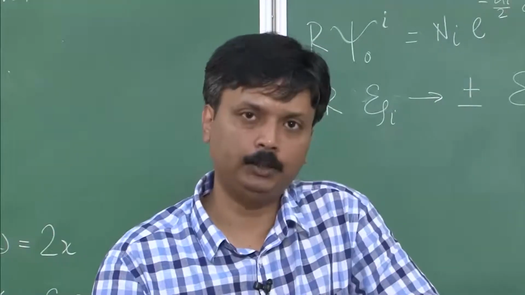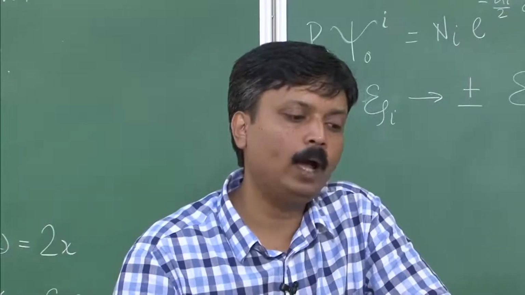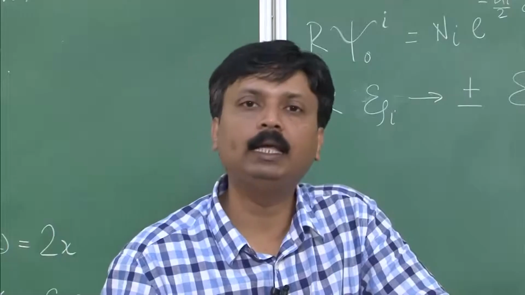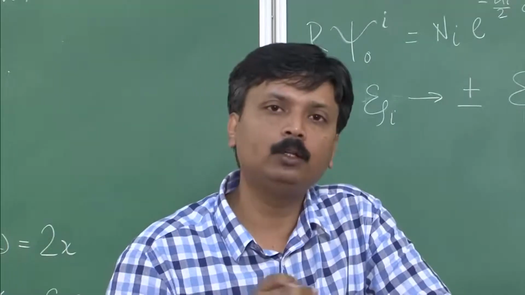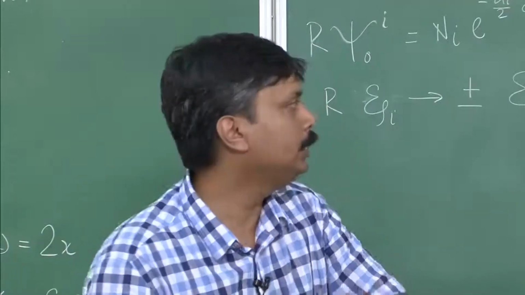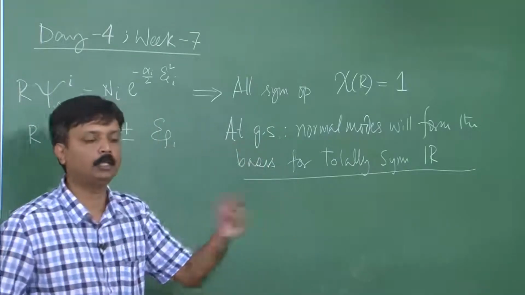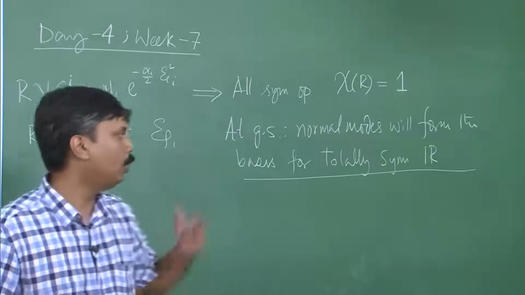Now if I would have a situation where I have more than one state having the same energy, so I have a case of degenerate states. There also I can very easily show that this particular property of the normal modes at the ground vibrational level remains intact. So how can I do that?